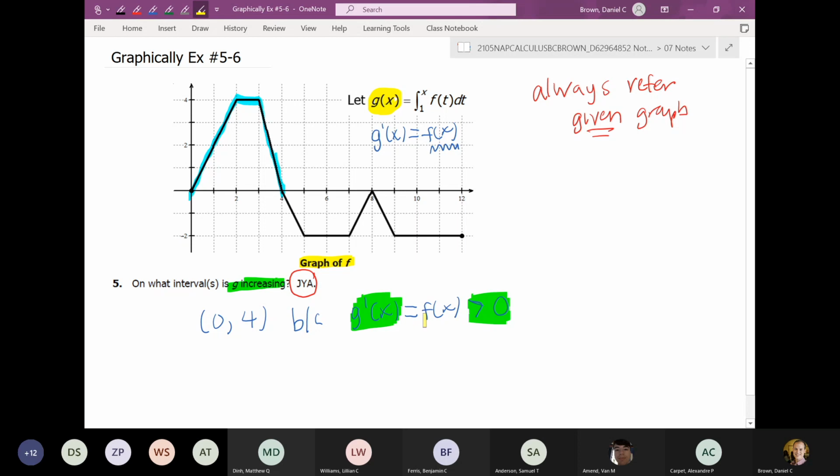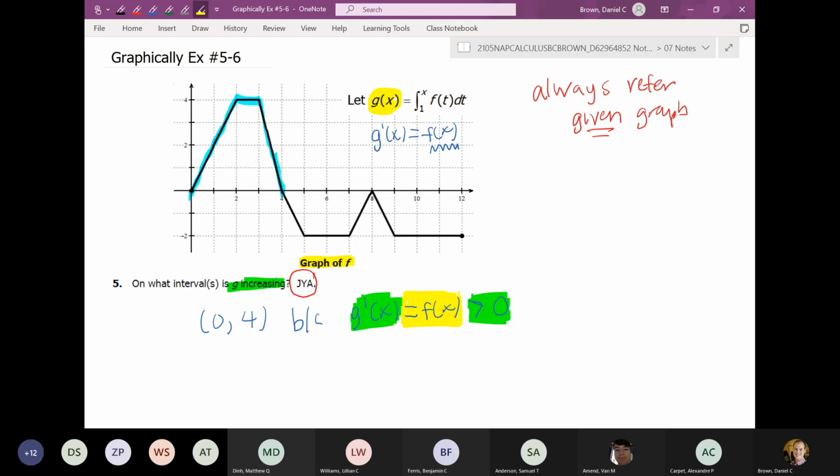You also have to state clearly f of x in there because that is the graph that's given, and you have to clearly state that f of x is equal to g prime. That's not a long statement, but there are multiple things going on there that you have to make sure you state to receive full credit for that question. Questions on that one?